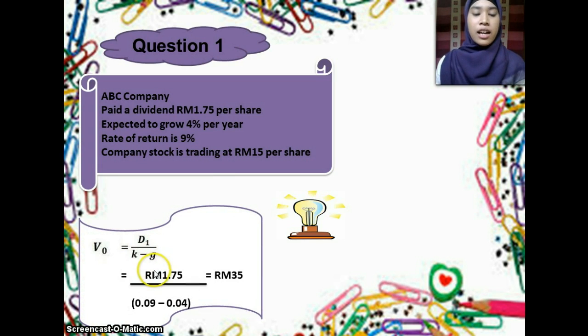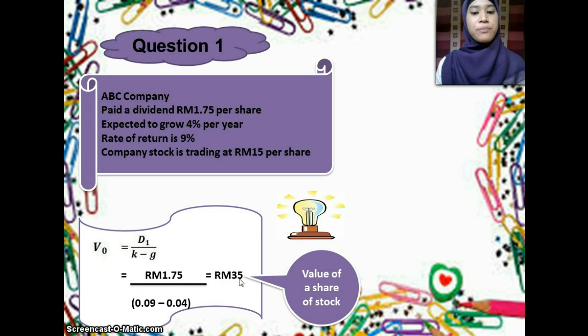We get RM 1.75 as the dividend paid, divided by 0.09 minus 0.04, and we get RM 35. This is the value of a share of stock.